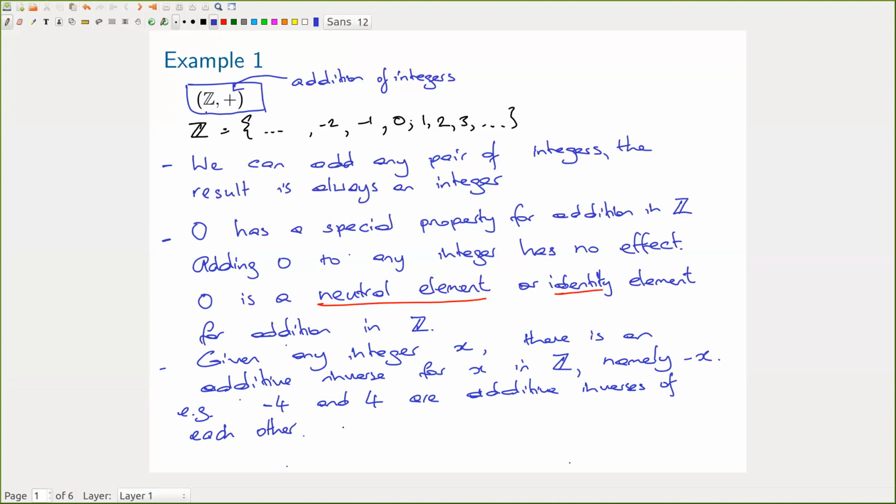Of course, we know that adding -4 to something reverses the work of adding 4 to it, or that -4 and 4 are somehow opposite to each other. If we add 4 to something, we can reverse that by adding -4. What it means for two elements to be inverses of each other with respect to this addition operation is that when we add them together, 4 and -4, the result is the neutral element.